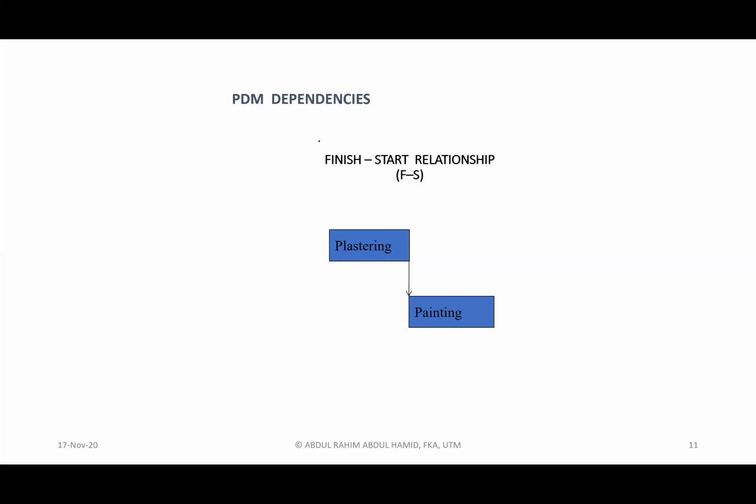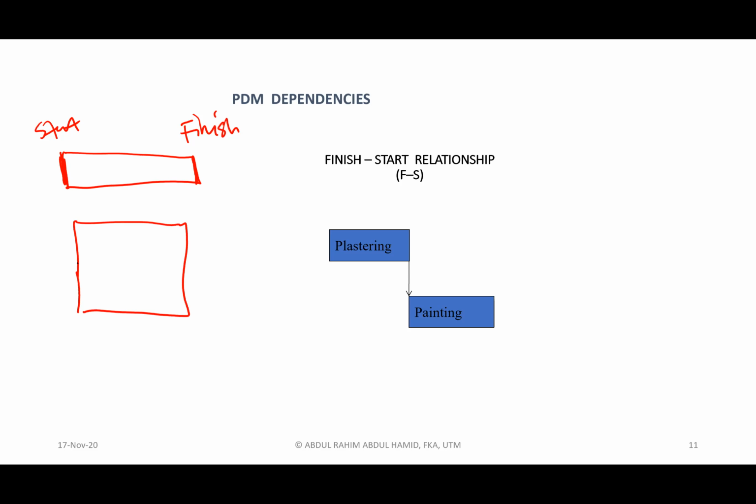How do you draw it? Just remember, in a bar chart, the left side of the bar indicates start. The right side of the bar indicates finish. In the AON diagram or PDM diagram, let's say this is an activity, we have all kinds of compartments inside.